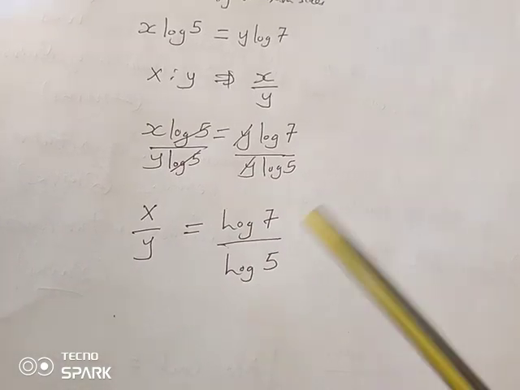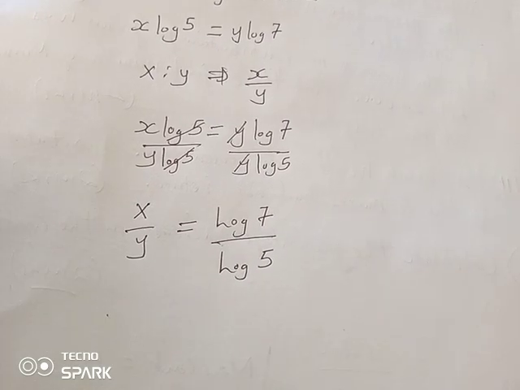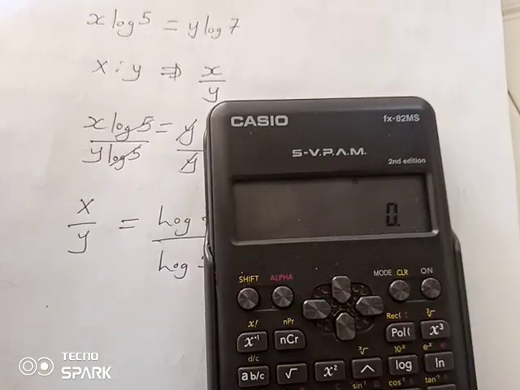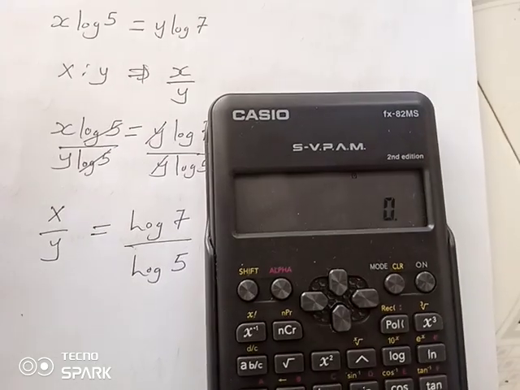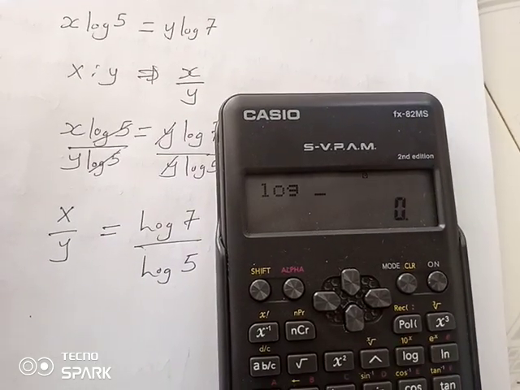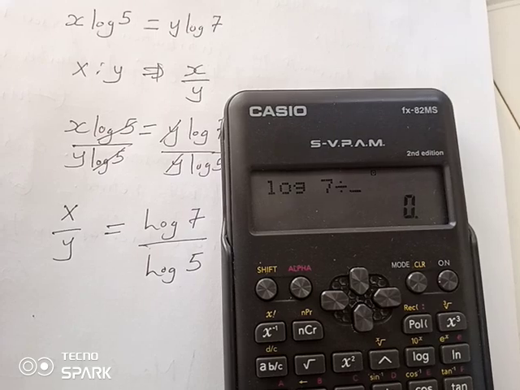So we just go to our calculators and we press log 7 over log 5.